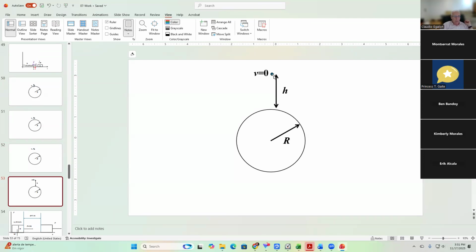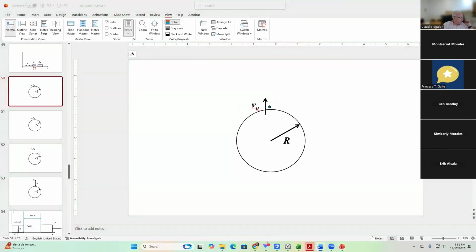So here is the final potential energy, the final kinetic energy, and here is the initial kinetic energy and initial potential energy. Okay, so let's solve this problem.